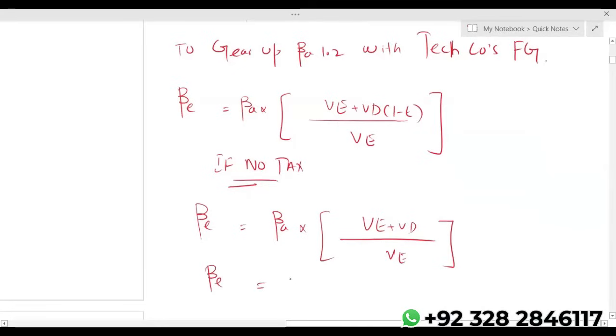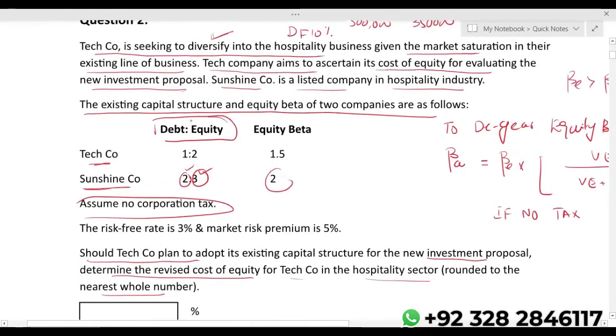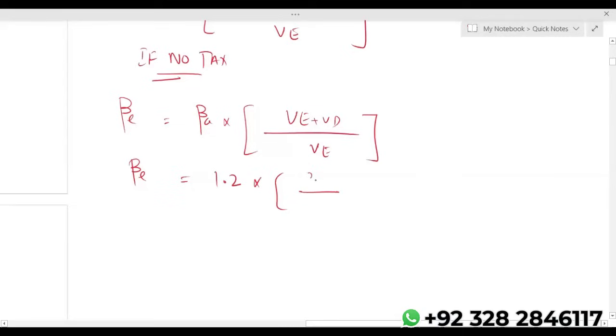So beta equity is equal to beta asset, which is 1.2. We have to see the financial gearing of tech company. Equity is 2, debt is 1. So let's see what we are getting. Students, I'm getting 1.8.